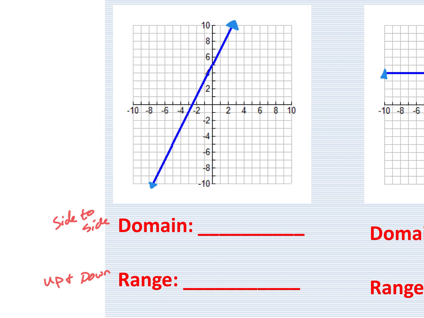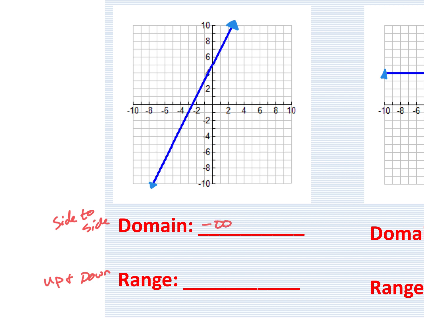Your domain is going to be from negative infinity to positive infinity. Okay? So, what you do is you say, while I'm looking at this, my domain deals with which letter? X. Your domain, you've got to write an interval for it.